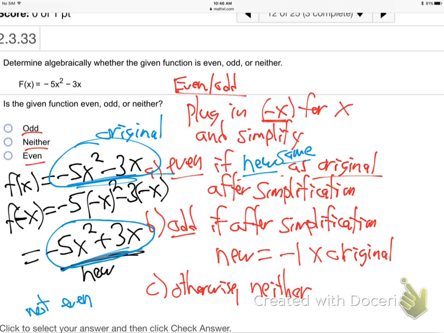If you take the original and multiply this by -1, these would both become positive, wouldn't they? Which is not right either. In other words, what we're really asking is are all the signs opposite? That's what it means to say -1 times the whole thing, right? Is it exactly the same, even? Are all the signs opposite, odd? No, it's really not that either. It's not even, not odd. This one is neither.